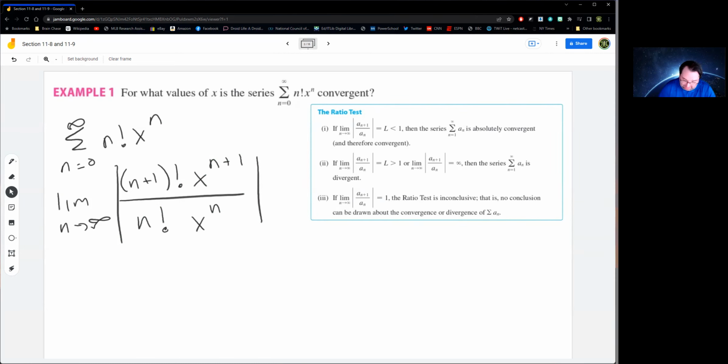So we can break this down a little bit. Remember, I can split up that (n plus 1) factorial and n factorial. I can also split off the x times x to the n. So I have n factorial in the bottom and x to the n.